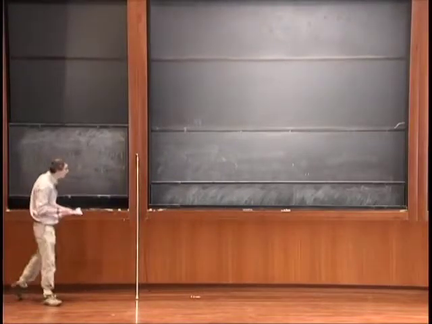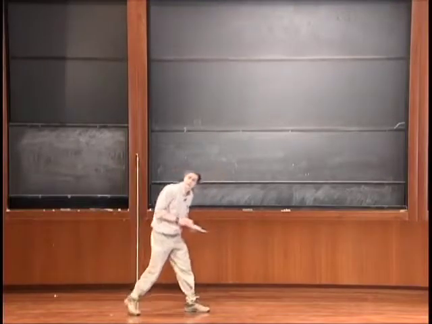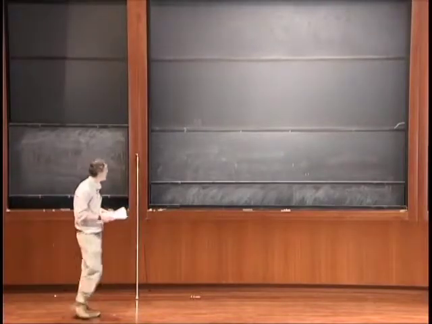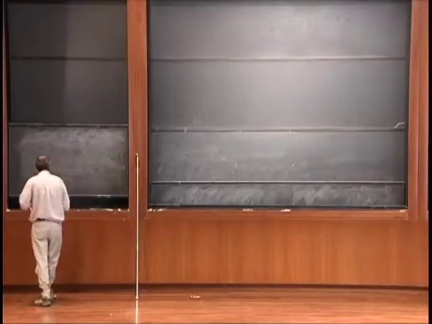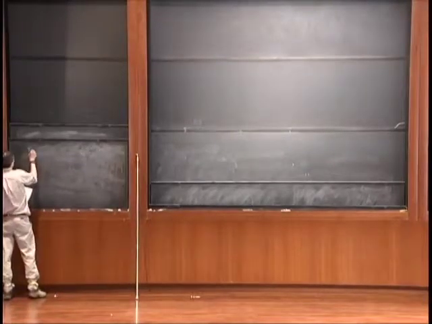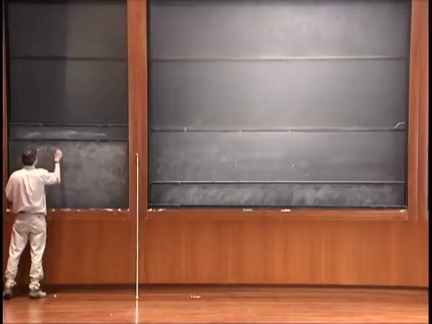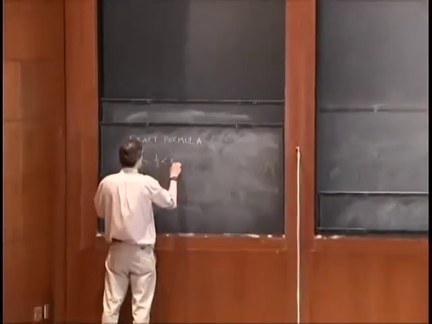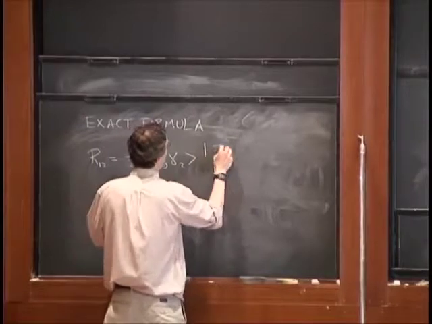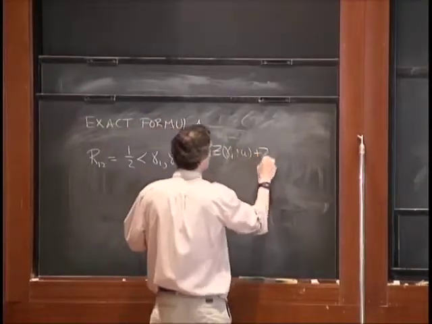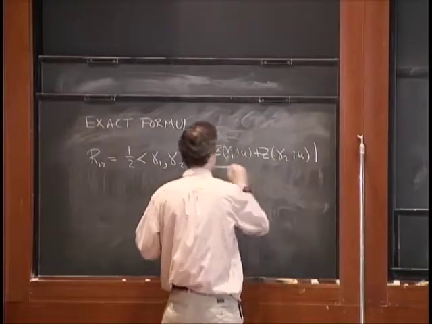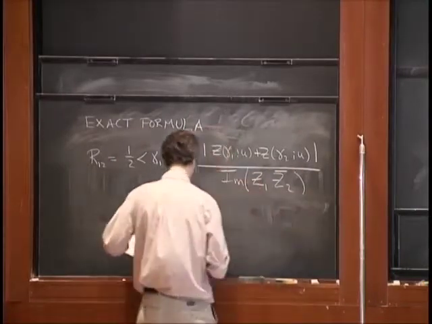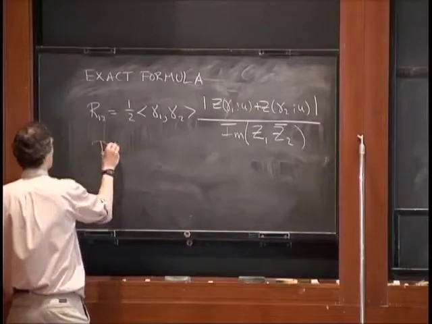So the true formula, which we derive from the multi-centered solutions of supergravity, which I guess I have 15 minutes, so maybe we'll be doing that tomorrow, the exact formula, has R12 equals 1/2 gamma 1 gamma 2 times z of gamma 1 u plus z of gamma 2 u over the imaginary part of z1 z2 bar. And this rather beautiful formula is due to Frederik Denef.